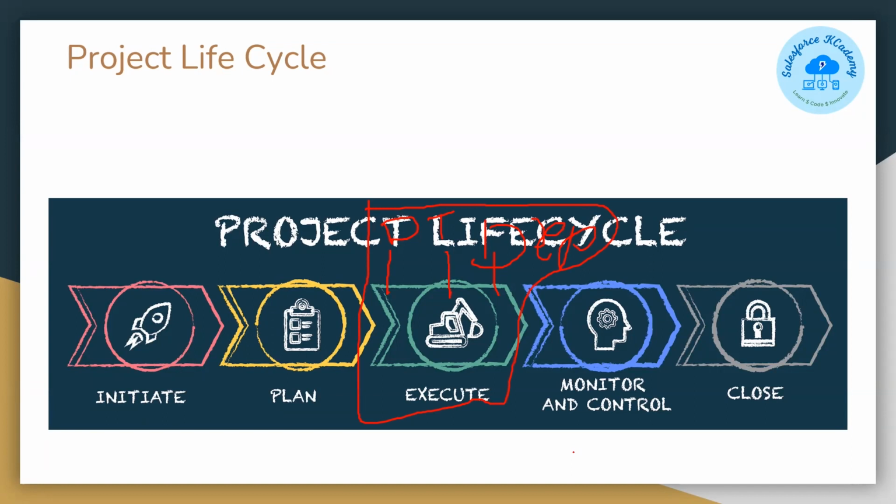Now it's time to monitor and control. Monitor in the sense, when you test the project, you test functionality and the coding. But when you are monitoring, that means your application is live. You may have users coming continuously.